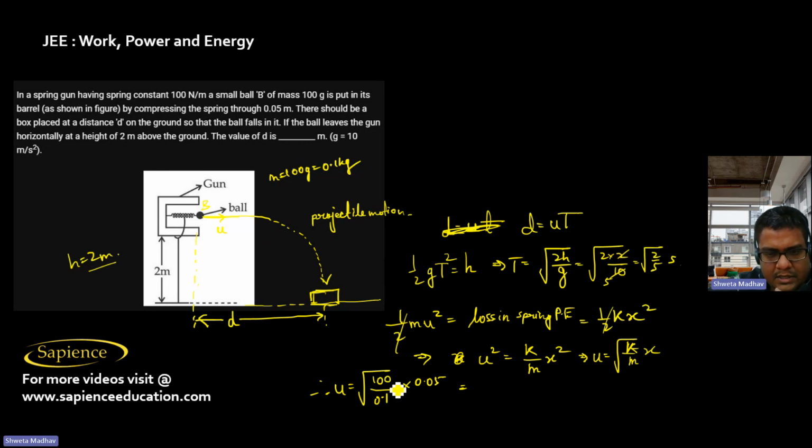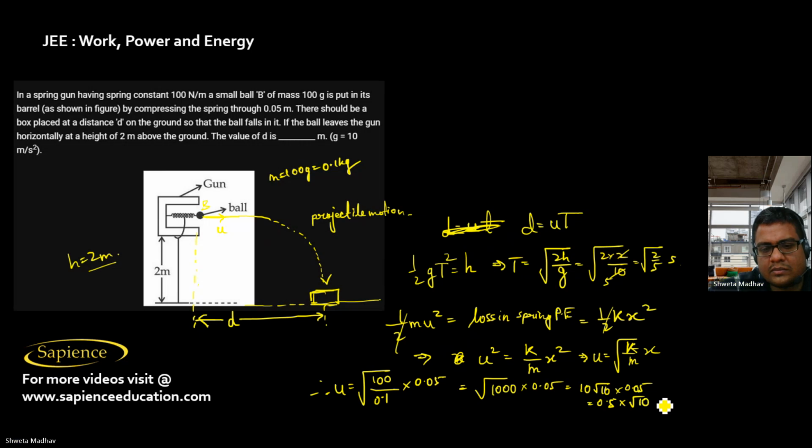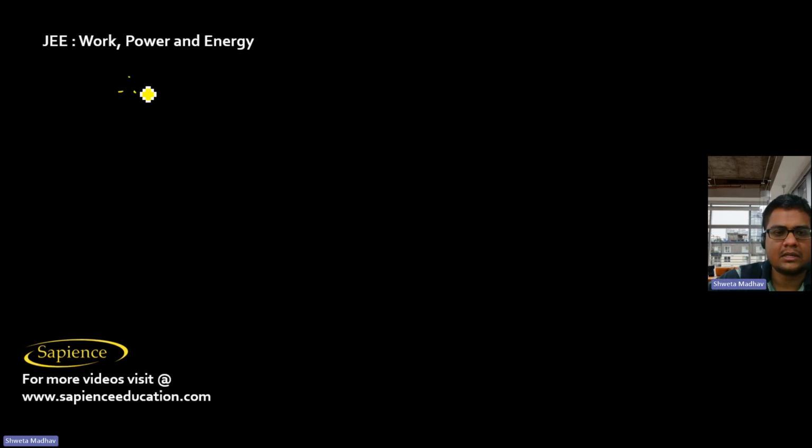So it is root over 1000 into 0.05, like 10 root 10 into 0.05. So I can say it is 0.5 into root 10 meter per second.